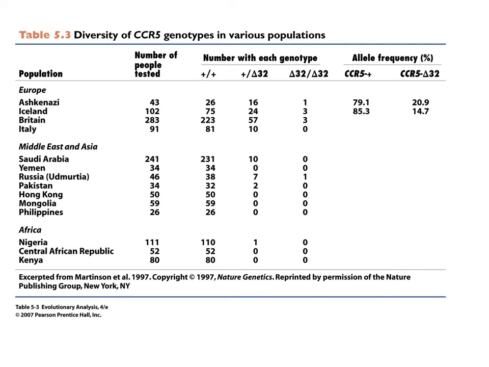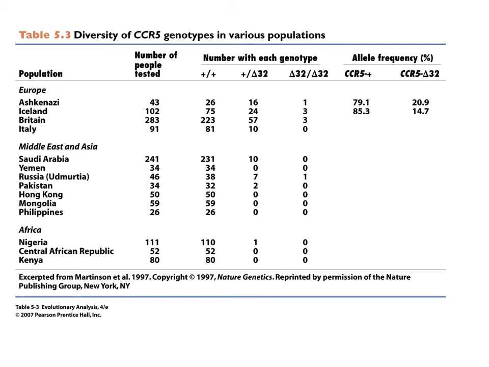Of that total population of 86 alleles, you have 26 individuals that have two copies of the wild type allele, so you multiply 26 by 2, which equals 52. Then in the heterozygous population, you have 16 individuals that have just one copy of the wild type gene. So you add 52 plus 16, which equals 68. Divide that by 86, the total number of alleles in that population, and you get 79.1%.